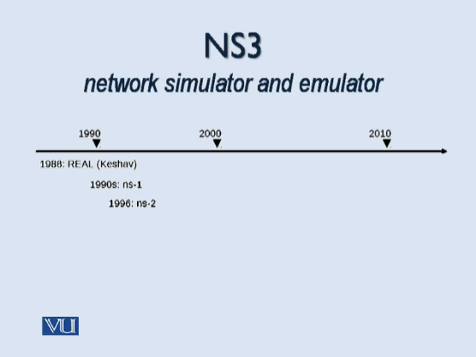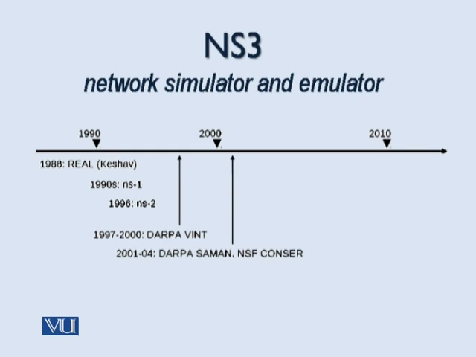And there was a major period in which NS2 was being developed. And this project of development of the NS2 simulator was funded at various times through various agencies. So you see that from 1997 to 2000, it was funded by the DARPA agency. This agency is the Defense Research Agency in the United States of America.